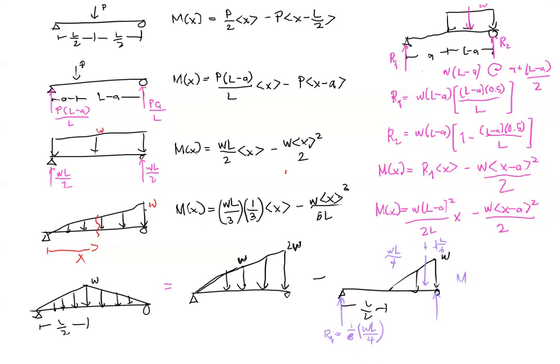So M(x) mo is equal to WL over 24 times x. Tapos, yung formula nung sa triangle natin, minus W x cubed over 6L.